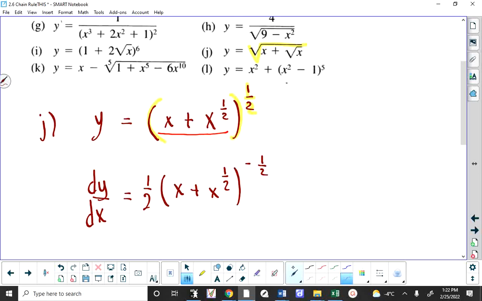And what we wrap the exponent around is highlighted with that red line under it. And that's a sum, which means I need to multiply by the derivative of that sum, which is the sum of the derivatives. So what's the derivative of x? That. What's the derivative of x to the half? That. And as far as I'm concerned, we're done.